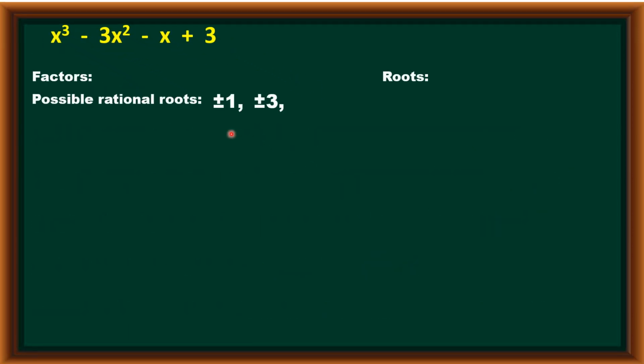Now, in here, since 4 yung ating possible rational roots, remember, positive and negative 1, positive and negative 3, pero 3 lang yung kinakailangan nating factors kasi ang ating degree ay 4. So, 4 yung possible nating pwedeng i-test.